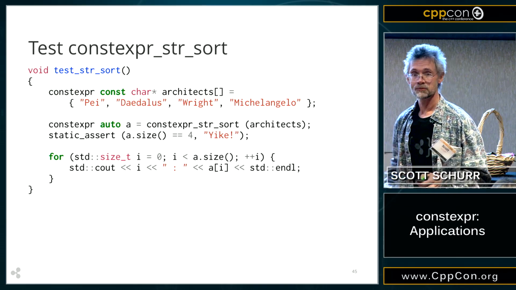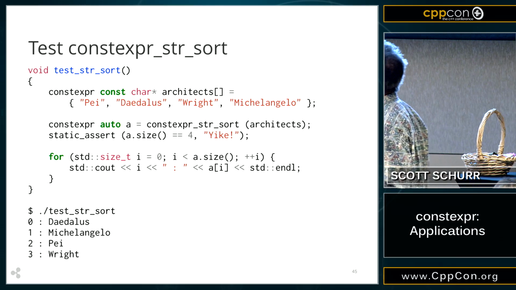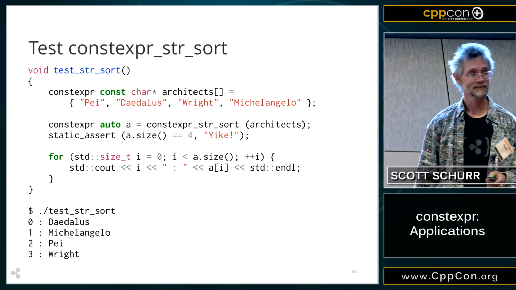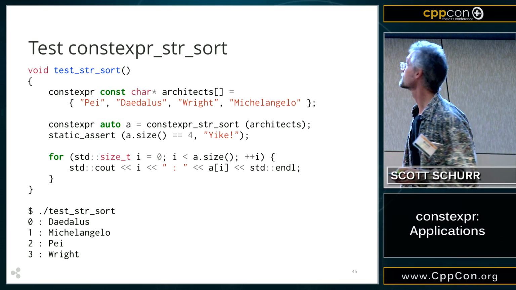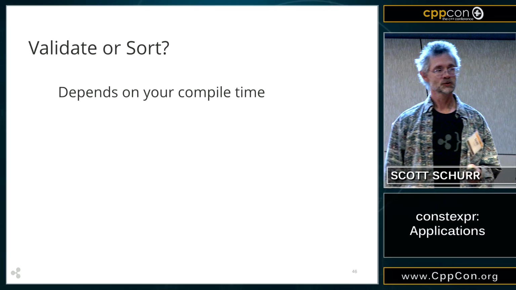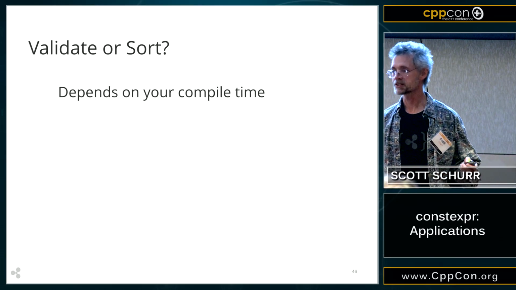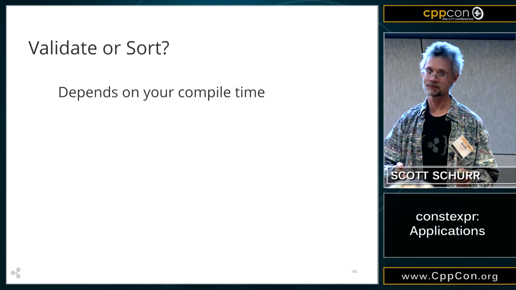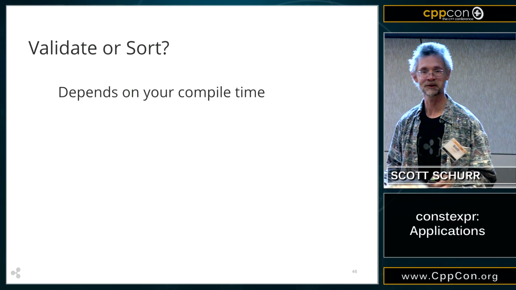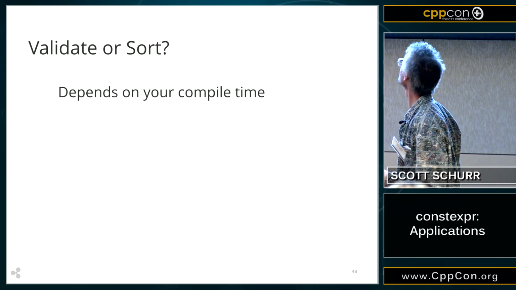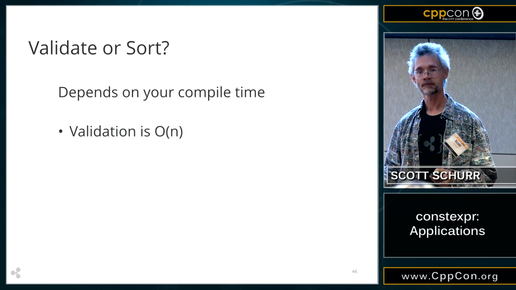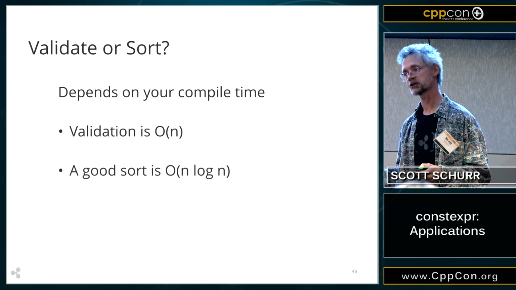So let's sort these at compile time. One of the questions would be, well, why don't I always sort these things at compile time? I have 10 minutes. So we won't get to floating point, but we'll spend some more quality time on containers. The validation is going to be faster than the sort, and you're going to care about your compile time.